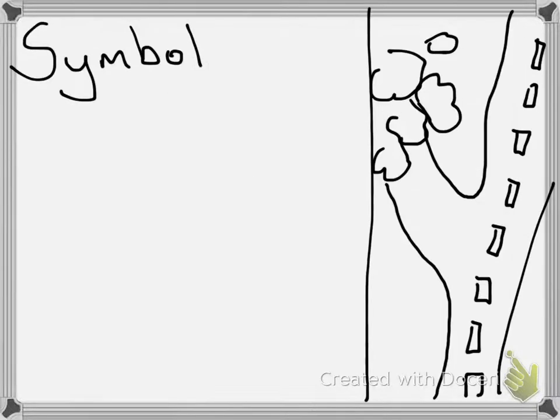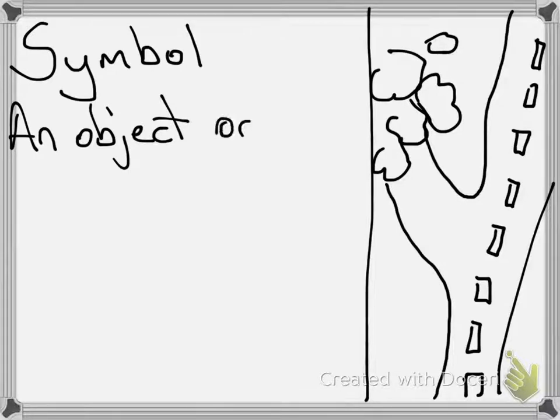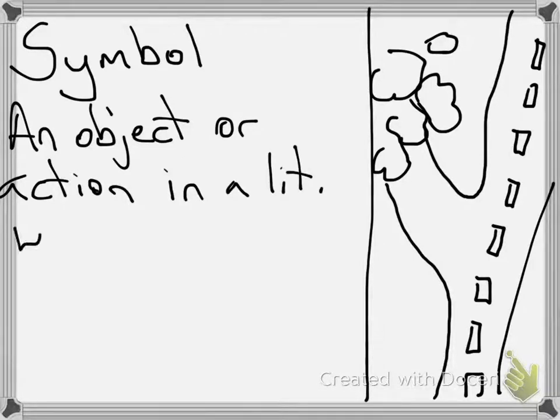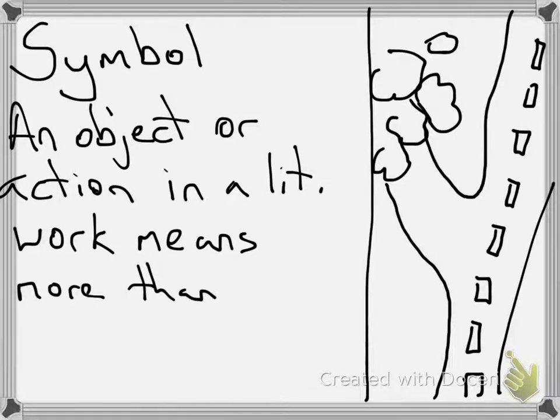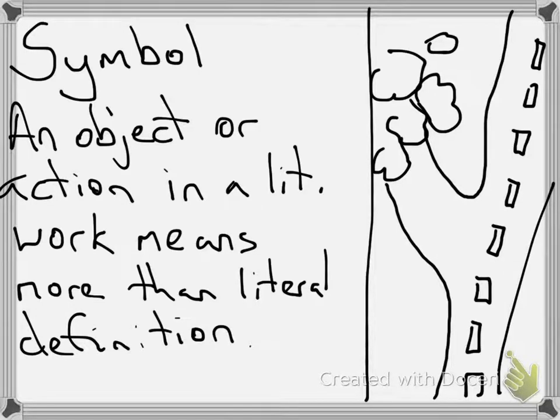Alright, moving on. We have symbol or symbolism, where an object or action in a literary work means more than its literal definition.